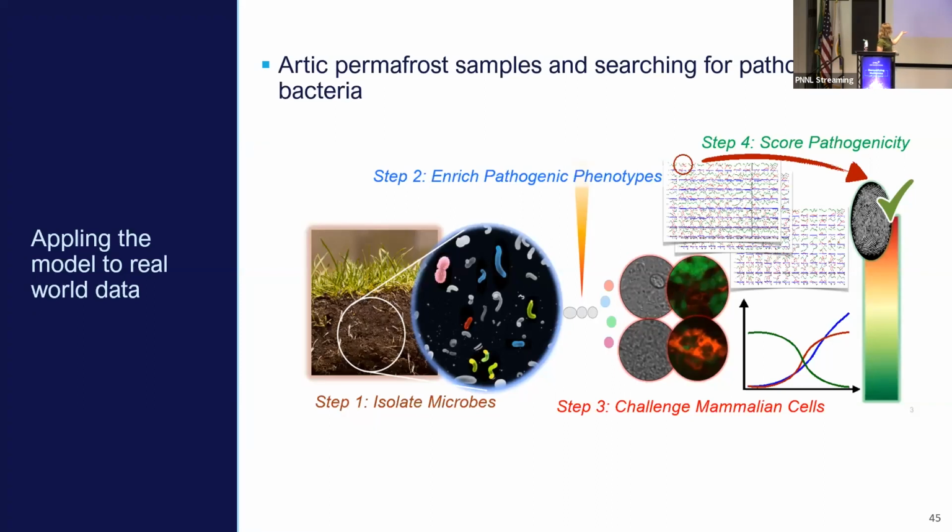So first, of course, we isolate the microbes using those activity-based probes, looking for phenotypes that we know to be associated with pathogenic, again, toxin production, biofilm production, up or down regulation of quorum sensing signals. And so once those are labeled fluorescently, those are sorted into the 96 well plates with the human either gut or cell lines, and then imaged over time using microscopy, and then for the pathogenicity.